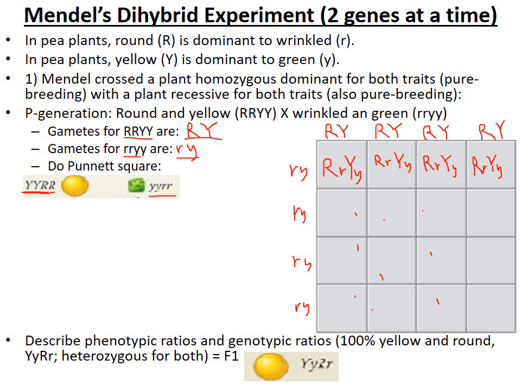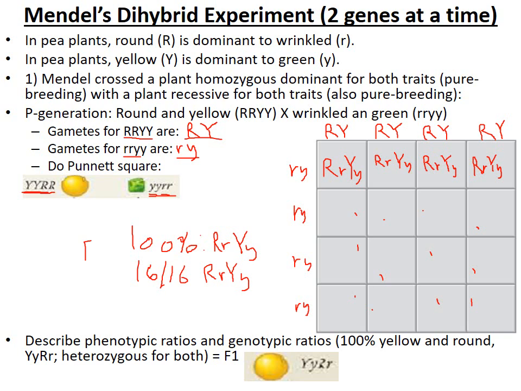And so remember that when Mendel crossed the pure breeding individuals, he ended up getting 100% of the dominant characteristics, and that's what we get. 100% of the individuals in these squares are going to be big R, so smooth, big Y, so yellow. The recessive phenotype seems to have disappeared for both. Another way you could write this is there's 16 squares, so 16 out of 16 would be big R, big Y, so smooth and yellow.